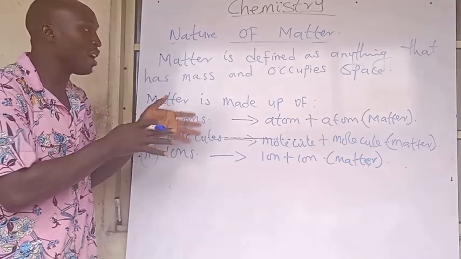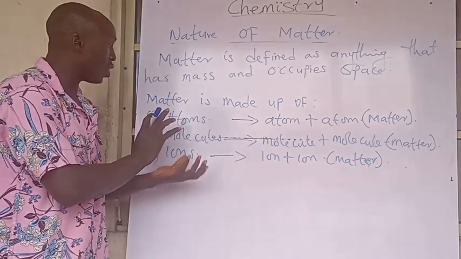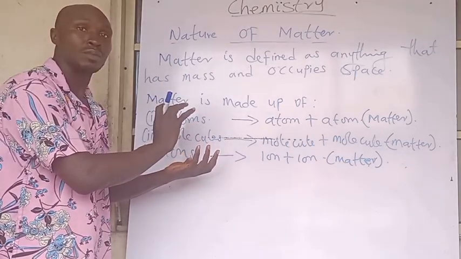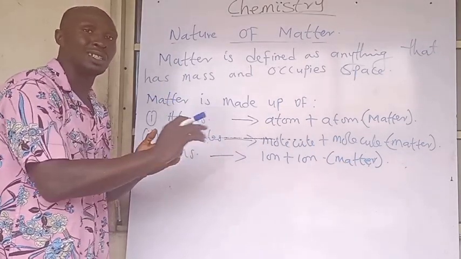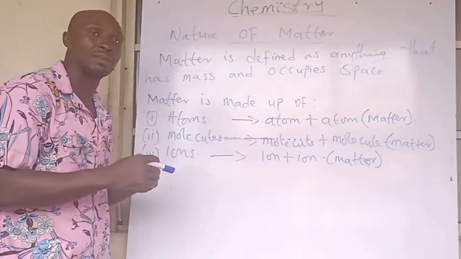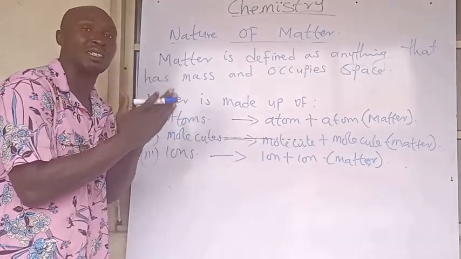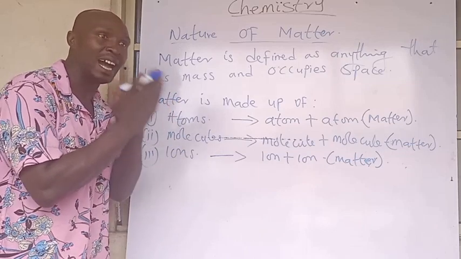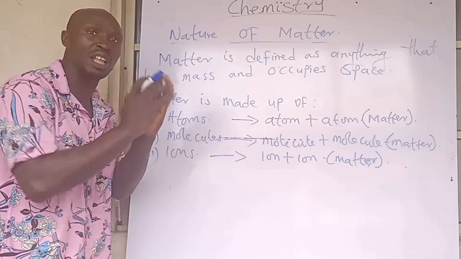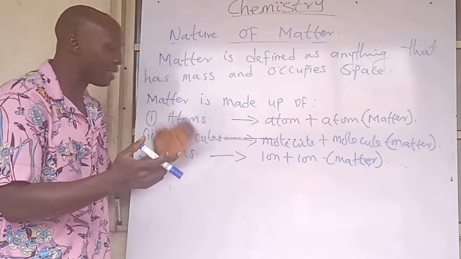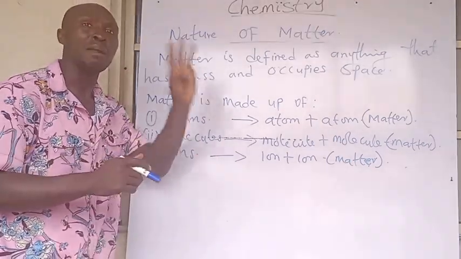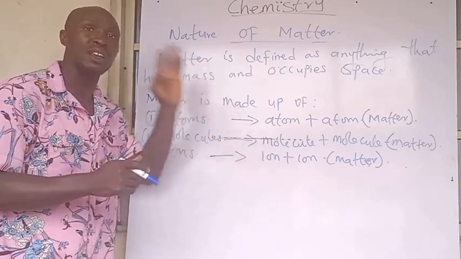Then let us go now. If we have understood what makes up matter, then let us go into the states of matter. How can we see this matter physically? How do they occur? How do they appear? Matter can exist in three main forms.